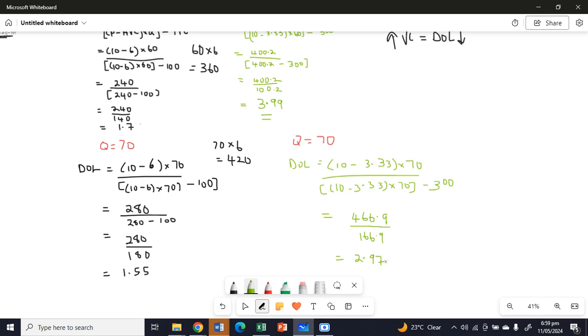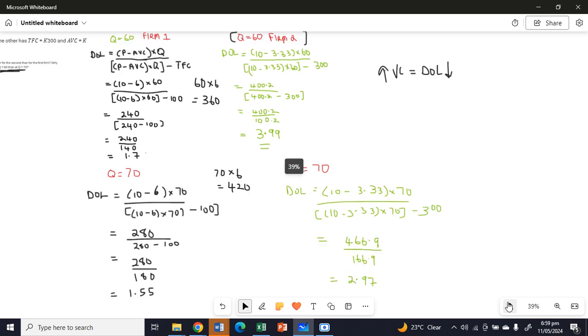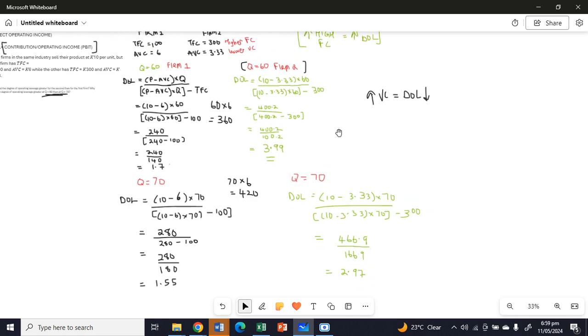As you can see, if we compare for frame 2, when the quantity was 60 units, our degree of operating leverage was 3.99. Now we've increased quantity to 70 units, so our variable costs have increased, and we notice the degree of operating leverage has reduced to 2.97.